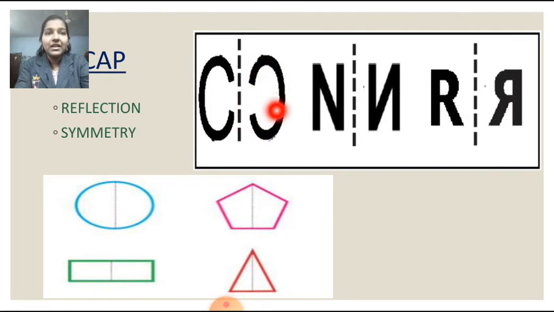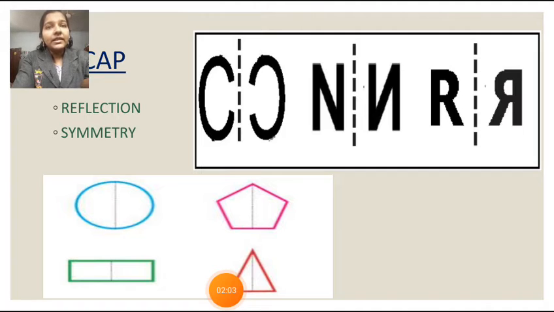Now look at the next one, the letter N. This dotted line shows the line of reflection and this one is the reflected image of N. Now look at this one. Here this is the letter R and this is the line of reflection and here is the reflected image of R. Okay children, this is a reflection.